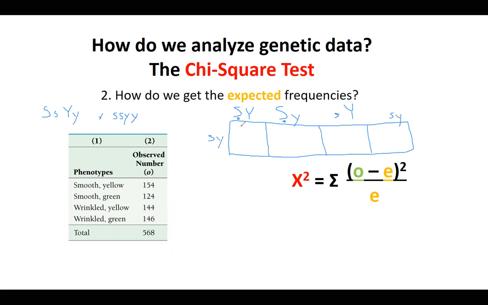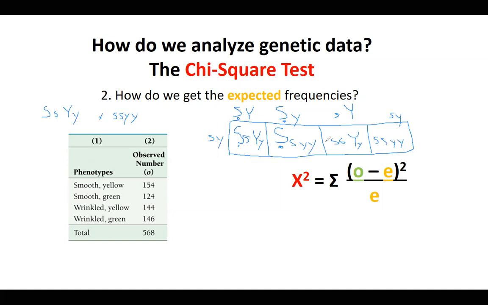Okay, so this is big S, little s, big Y, little y. This is going to be big S, little s, little y, little y, little s, big Y, little y. Okay, and then little s, little s, little y, little y.